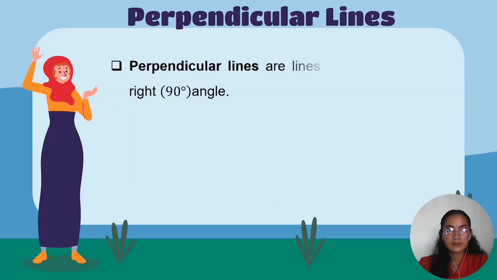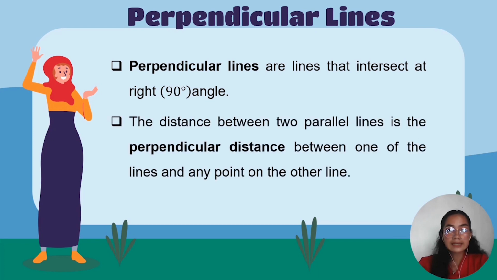Fourth, perpendicular lines are lines that intersect at a right angle, which is 90 degrees. Lastly, the distance between two parallel lines is the perpendicular distance between one of the lines and any point on the other line. Let's have an illustration of these different definitions about perpendicular lines.